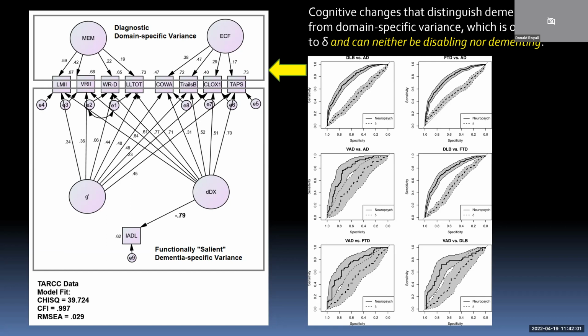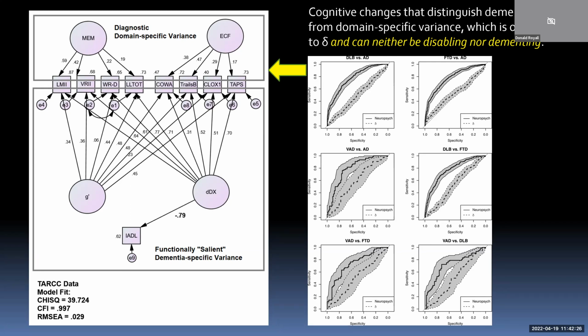Where they differ is in the regional effects of their differing pathological burdens, manifesting as changes in 1 or more specific domain-specific cognitive functions. So you can think of the variance as 2 different compartments, diagnostic domain-specific variance and functionally salient variance.